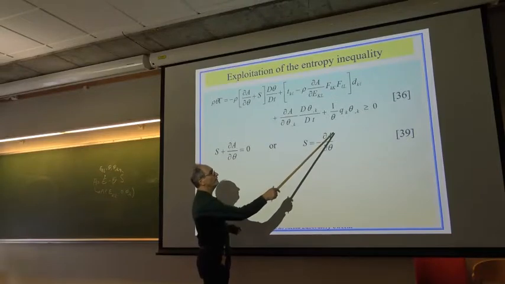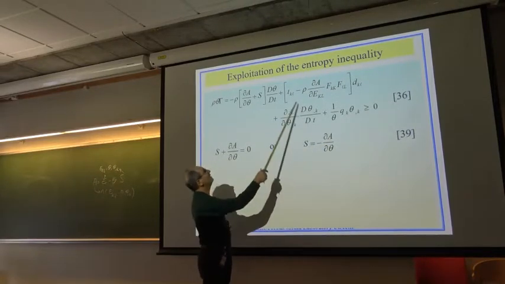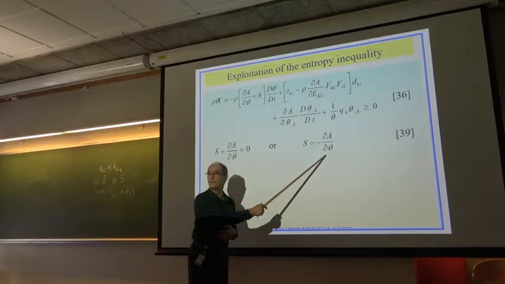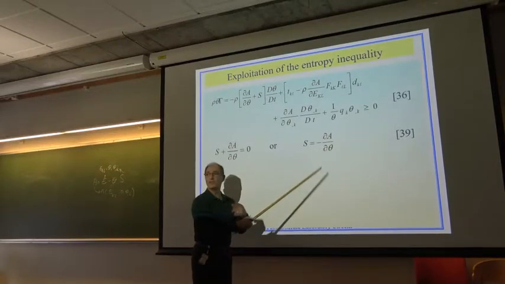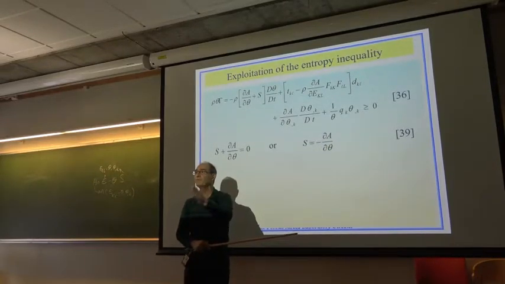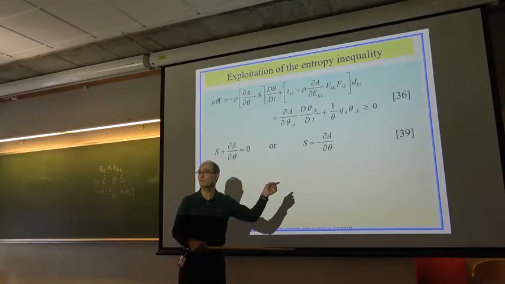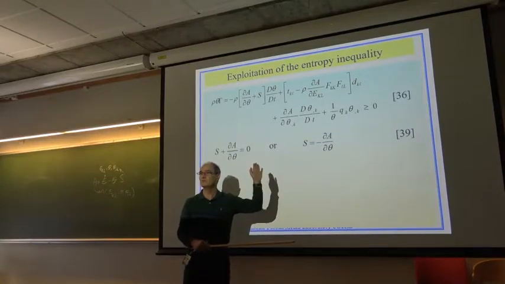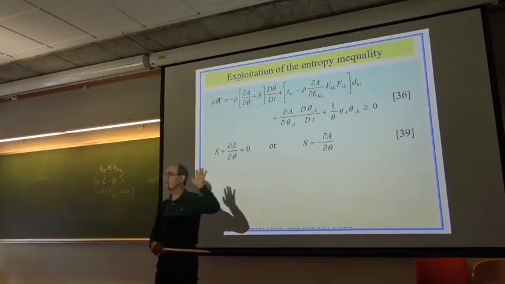Oh, this is indeed at constant E_KL. Remember, this is a partial derivative. Yes. This is at constant E_KL. That means indeed no motion, no volumetric change. Okay. These are partial derivatives. I'm sorry, I didn't make that clear.